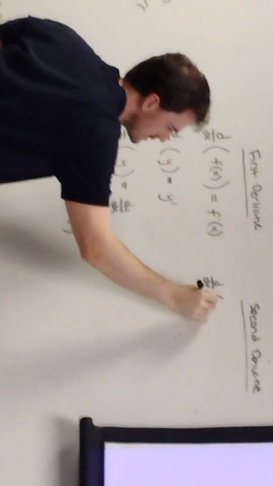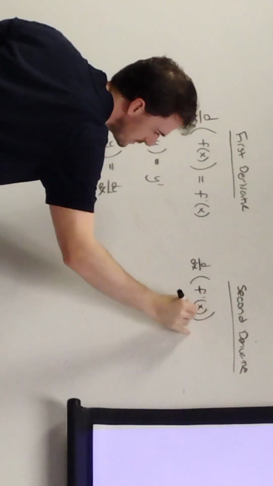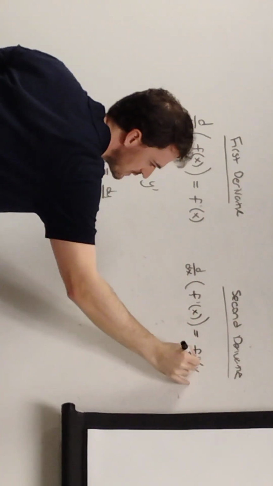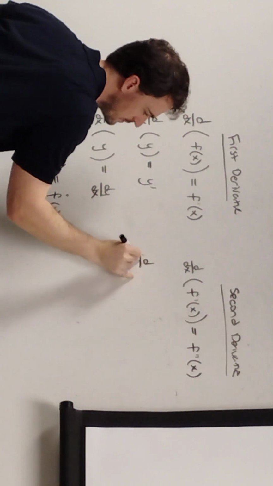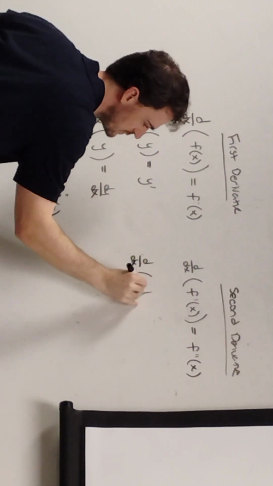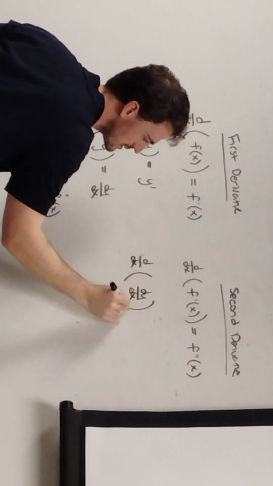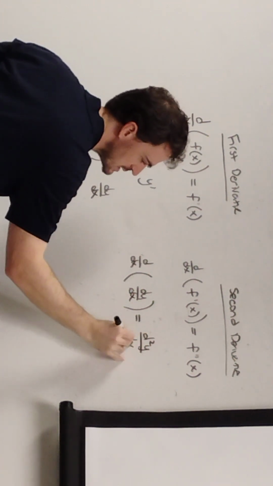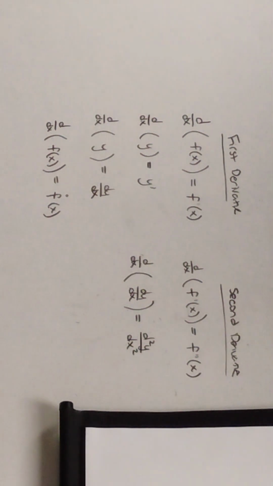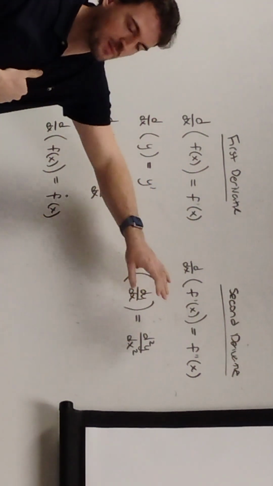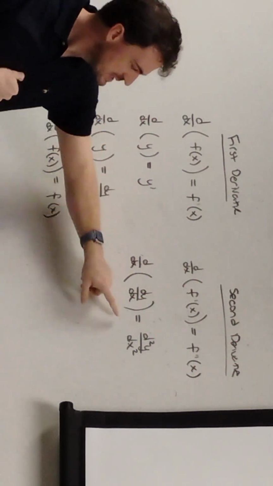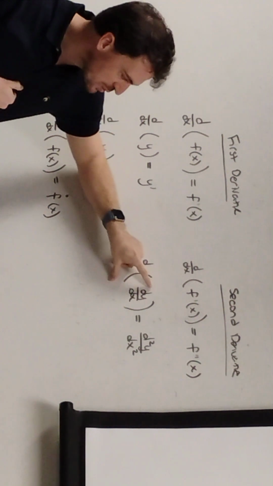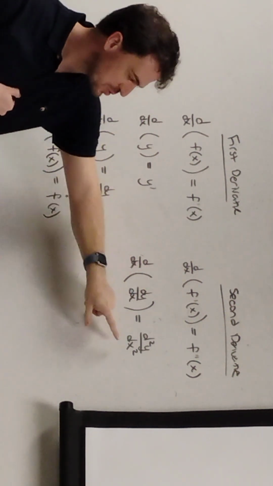If you take the derivative of the derivative, we can write that as f double prime. And the only one worth mentioning here is if you take the derivative of dy dx, then the special notation is d squared over dx squared. So again, for the second derivative, f double prime is kind of done. But for this notation, just remember the square goes over the d in the numerator, and over the x in the denominator.